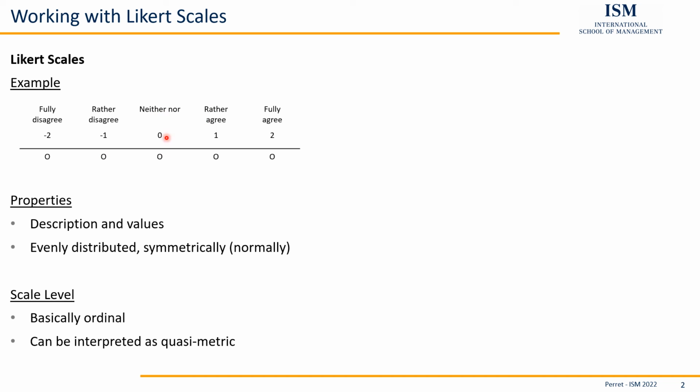It should be centered on a neutral term. If you have these 2 aspects, then we can assume that the Likert scale you have is quasi-metric, that you can use it in any context which requires a metric scale. Be this linear regression, be this t-test, or anything else.